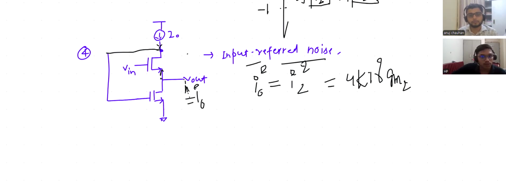Here it is zero. Can I use a small signal circuit? Yes, you can use it.